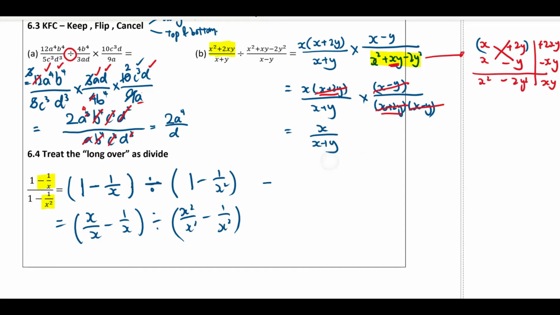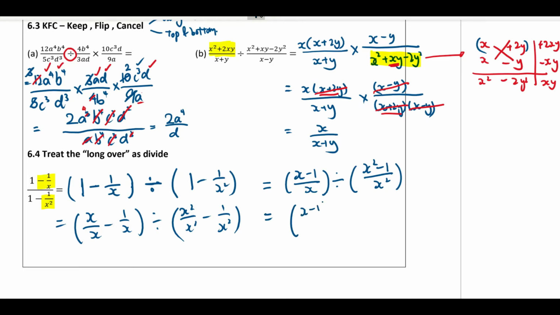So this will become x minus 1 over x divided by x squared minus 1 over x squared. You combine the denominator. Now you flip. x minus 1 over x multiplied by x squared over x squared minus 1.